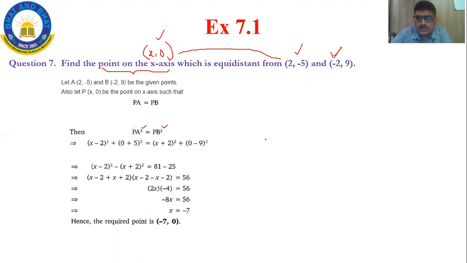All right, any doubts? Got it. Good, Ayush. Good. How about others?